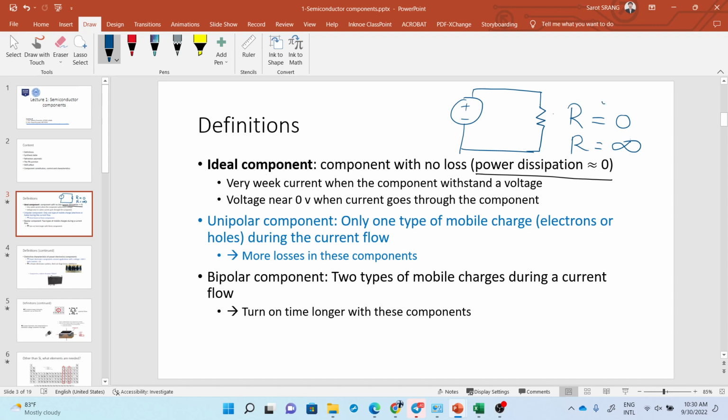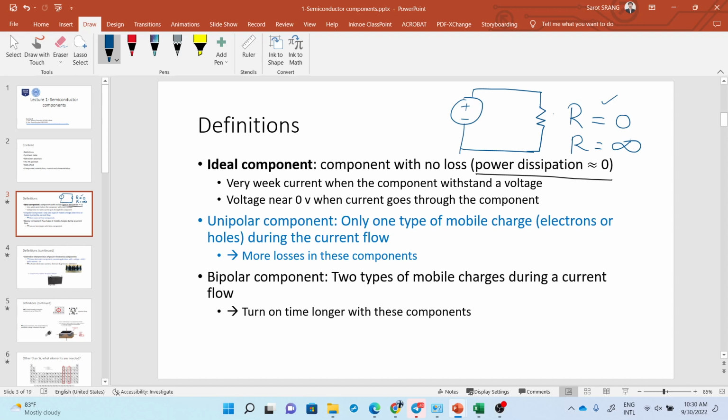And this one is also correct. If the resistance is 0, there's no friction. But when the resistance equals infinity, it's like an open switch, right? So if you turn the circuit off, of course there's no energy dissipation.